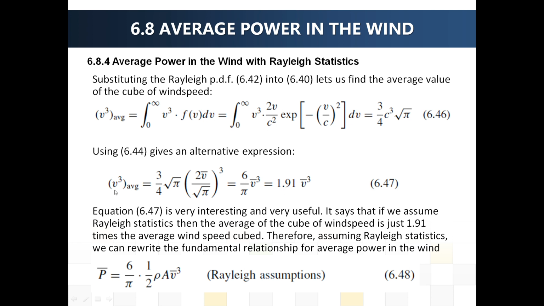So the average of v cubed is about 1.91 times the average v cubed.